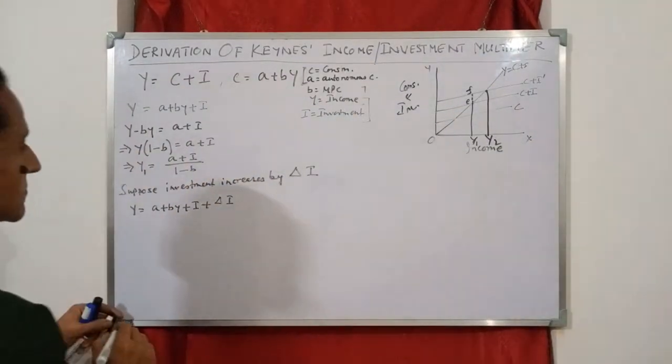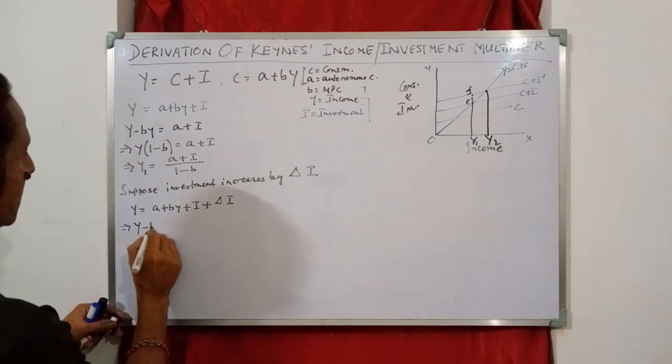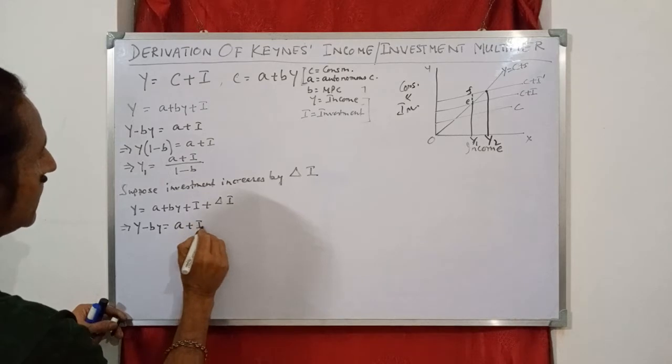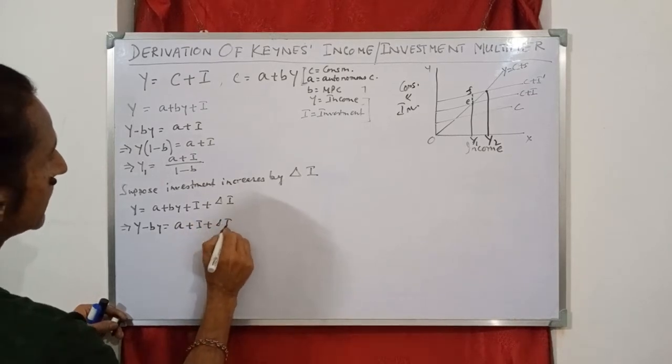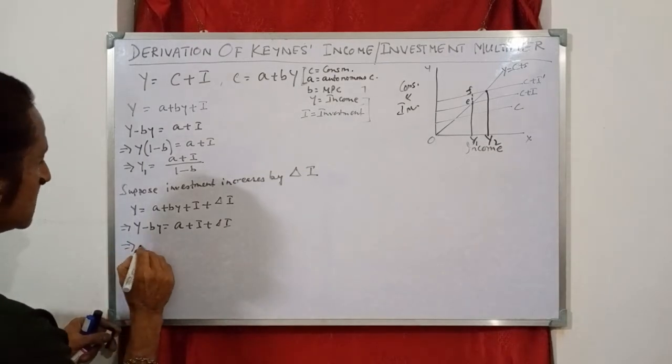So this gives us Y minus BY equals to A plus I plus delta I. Again we take Y as common.